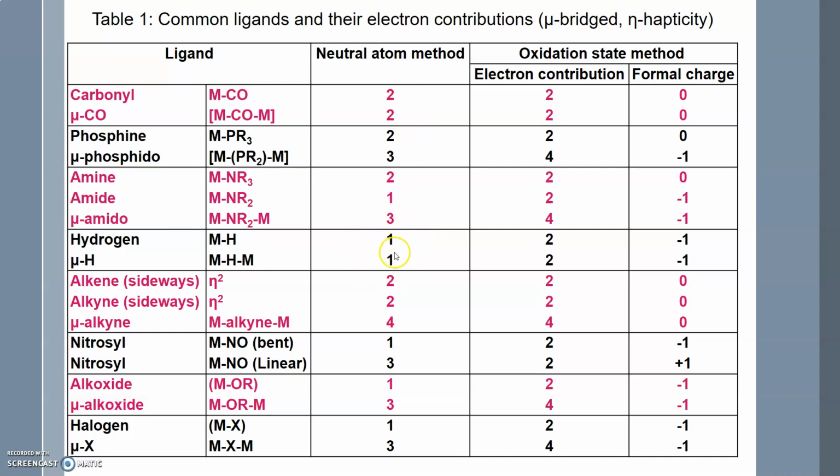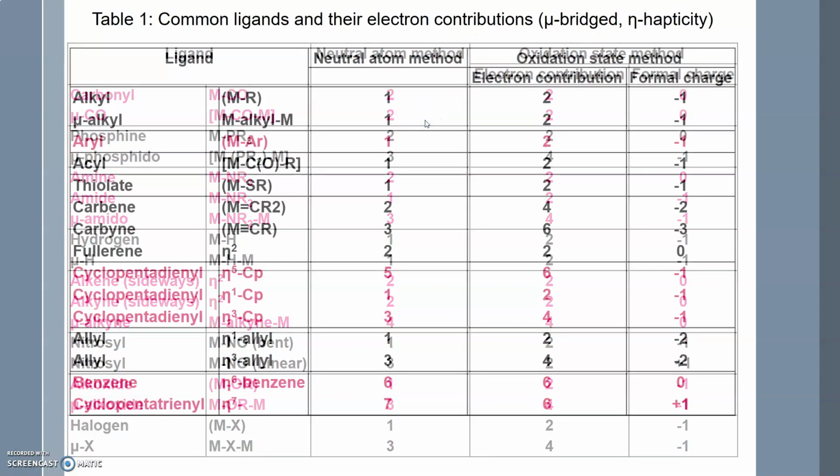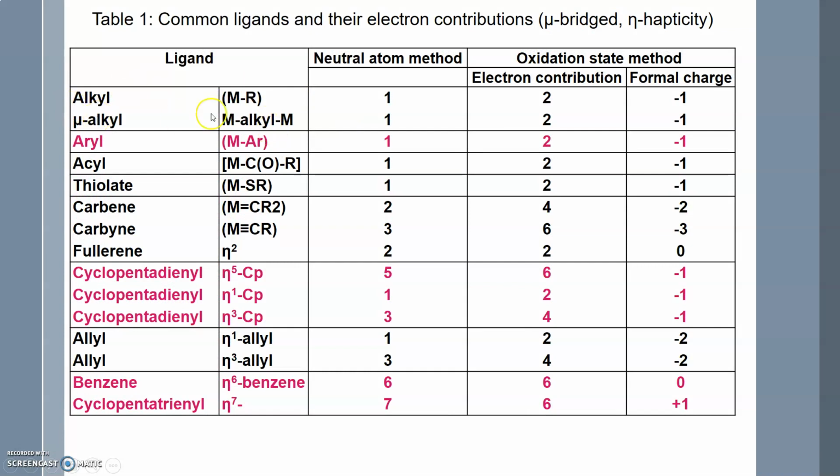What does this indicate? It indicates that carbonyl or hydrogen cannot be differentiated as a terminal one or a bridged one by electron counting scheme. We can observe this even for the case of alkyl group. The alkyl group, whether it is bound terminally or through bridging, the electron contribution is the same.